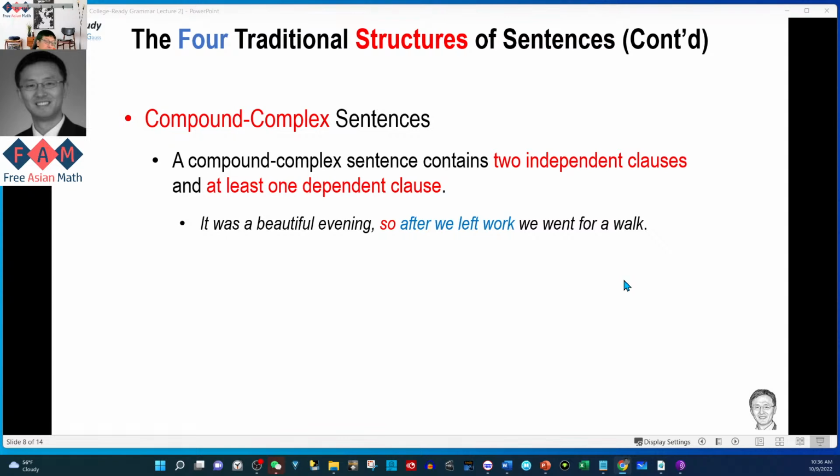Well, actually there's more than one. So it was a beautiful evening. We talk about the weather, the evening, whatever. The evening was beautiful. That's one thing we talk about in this sentence. But the other thing is that we went for a walk.